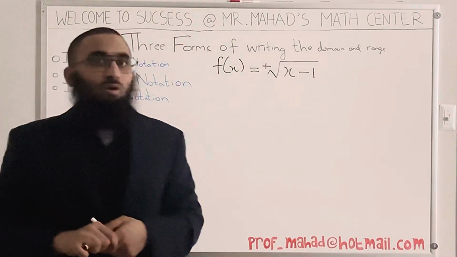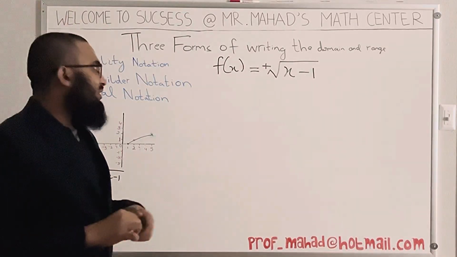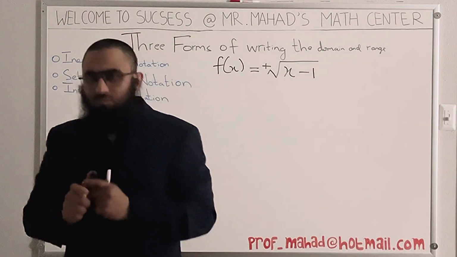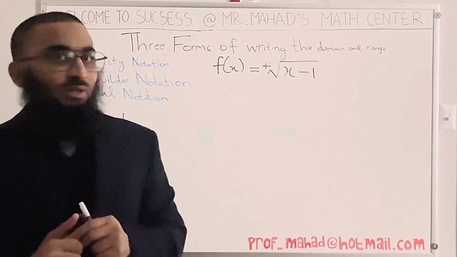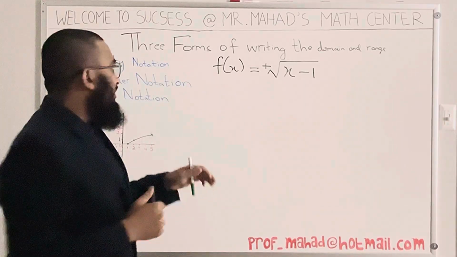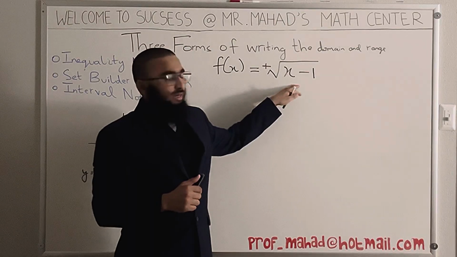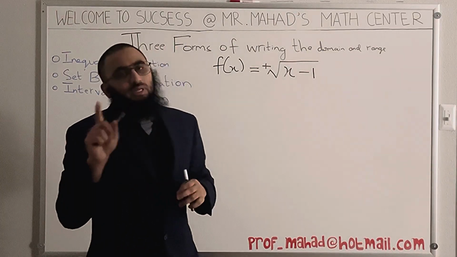Something which we all should already know by now is that whenever you see a square root, or an even root, what is something we need to consider? That the radicand, the value inside, in this case x minus 1, cannot be negative.